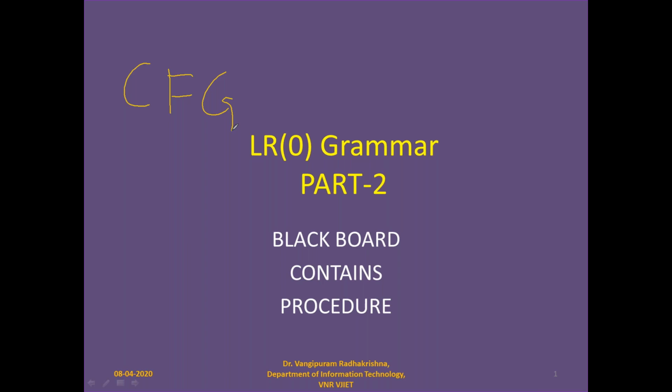So if you are able to prove that a given context-free grammar is ambiguous in nature, then you can directly conclude that such a grammar is not an LR0 grammar.